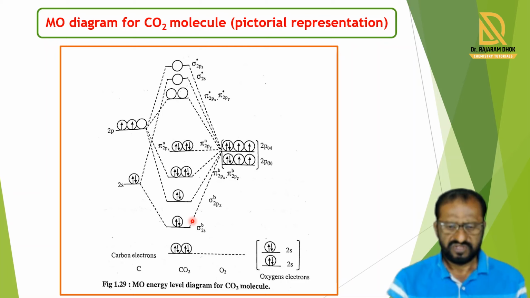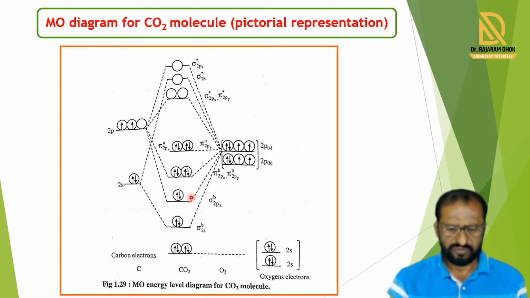Now one px atomic orbital of the oxygen is also unused. Now the 2px atomic orbital of carbon and this other 2px atomic orbital of the other oxygen atom, their wave functions are the same and at that time they form one bonding molecular orbital, that is sigma 2px.